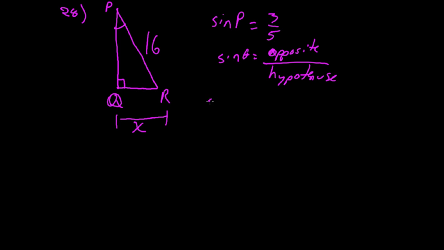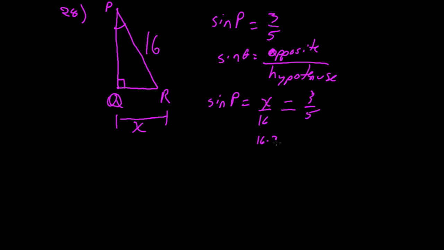So we can see that the sine of P, in this case, will be equal to x over 16, right? Because we're just taking the opposite side length and dividing it by the hypotenuse. But the question says that this will be equal to 3 over 5. So if we wanted to, we could just cross multiply to solve for x.